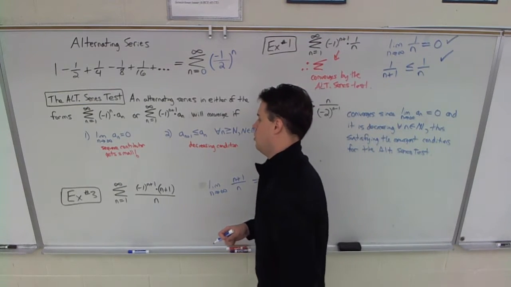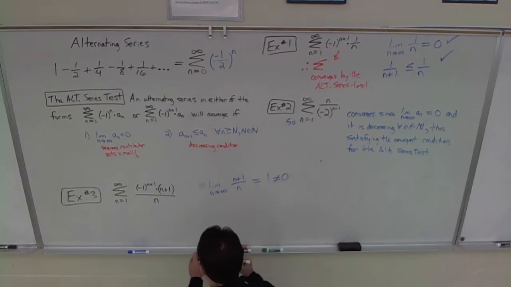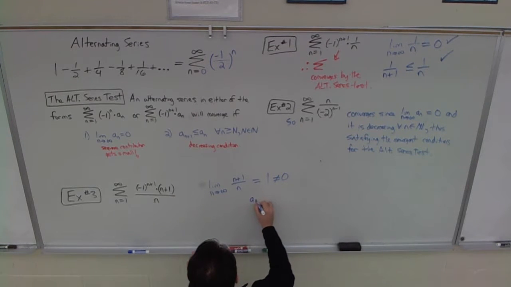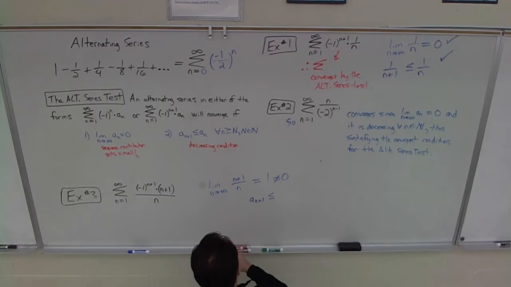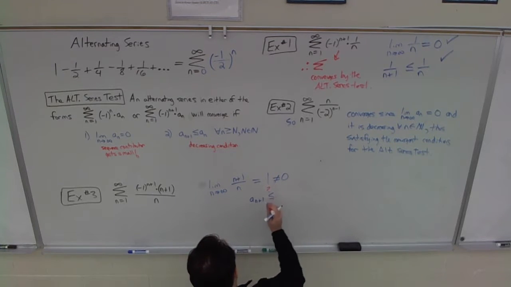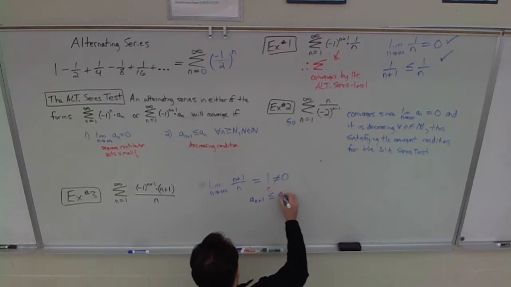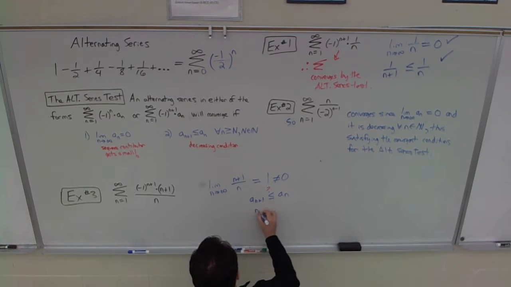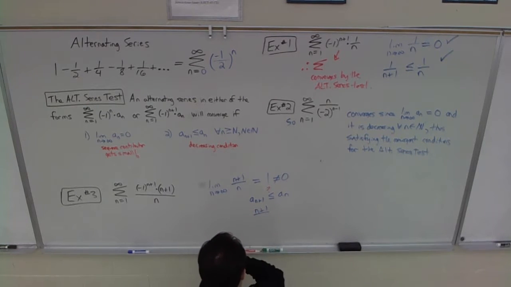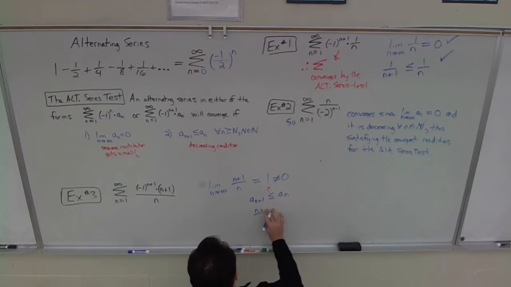Let's see if it's decreasing, just for the heck of it. So is a sub n plus 1 less than a sub n? Doesn't even really matter now, but just in case it asks you. That'd be n plus 2 over n plus 1 is less than n plus 1 over n.